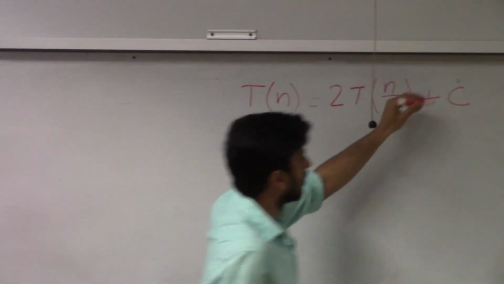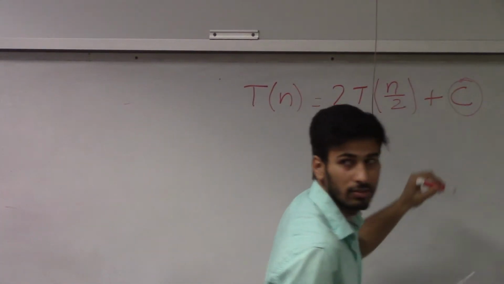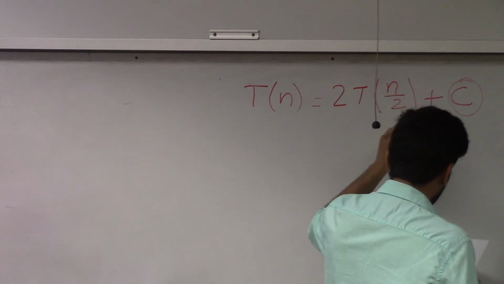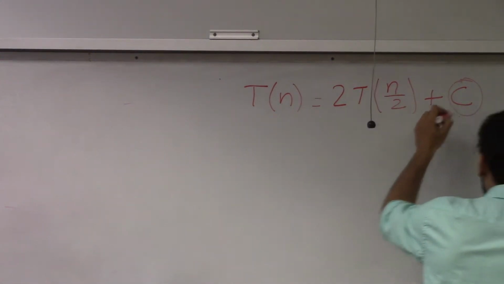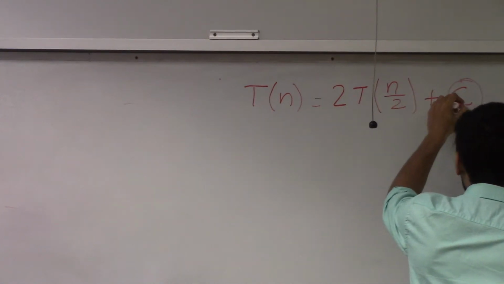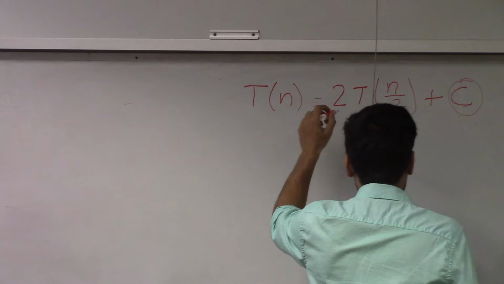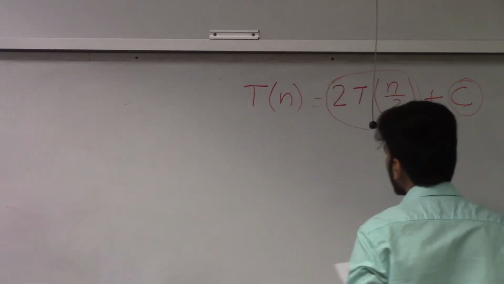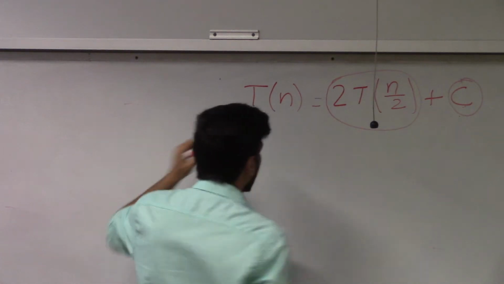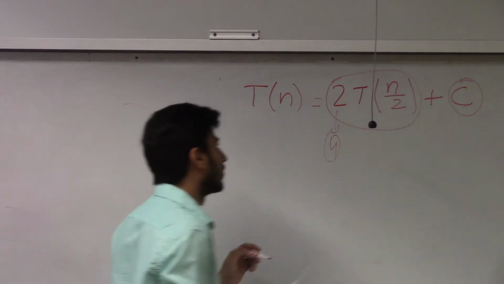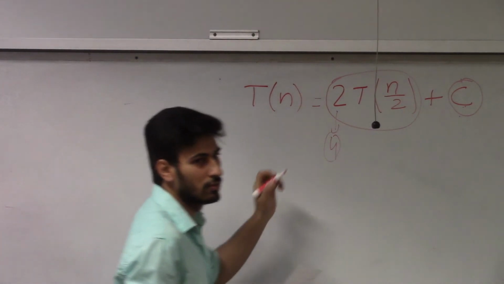So this is our constant work, and this is a constant amount of work. If we do some constant C amount of work, we can break it into two instances. If it's like 4 here, we can break it into 4 instances.